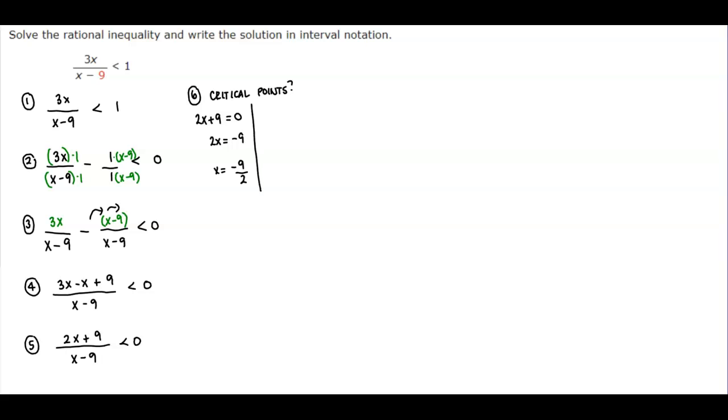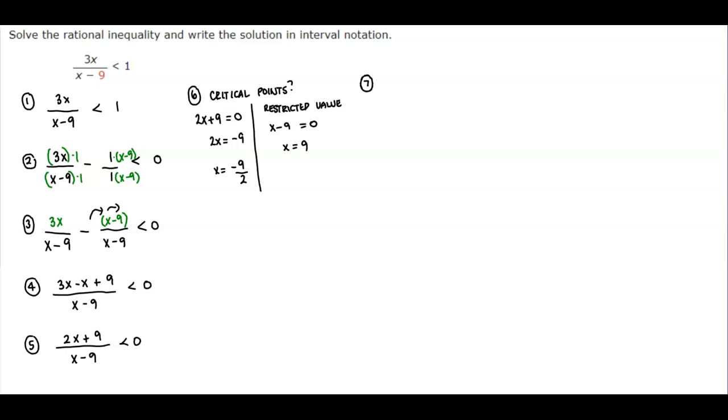Then the denominator, which is a restricted value, is x minus 9. Set that equal to 0, so x equals positive 9. Therefore, those are our critical points.